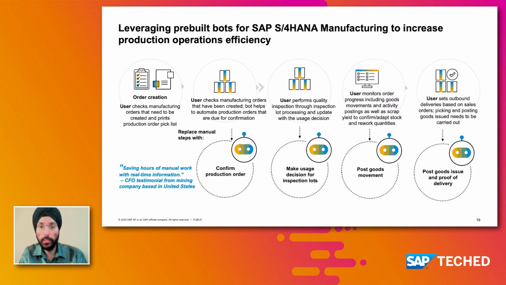Finally, the user sets the outbound deliveries based on the sales order and provides the proof of delivery. This is one of the processes which helps many companies remove manual work with real-time information and go into automation, which helps them bring efficiency into their production operations.